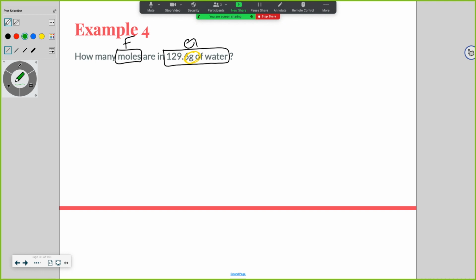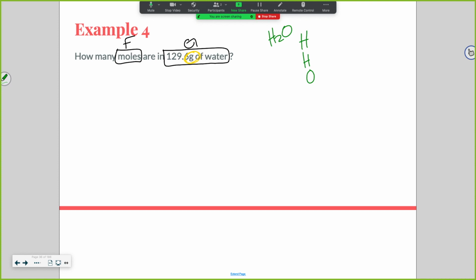Sure. Go ahead and find your mass of the molecule, right? Well, what is water's molecule? H2O. So water is H2O. I have a hydrogen, and an oxygen. Hydrogen each weighs 1, and oxygen 15.9, which rounds to 16. So how much does water weigh? 18.